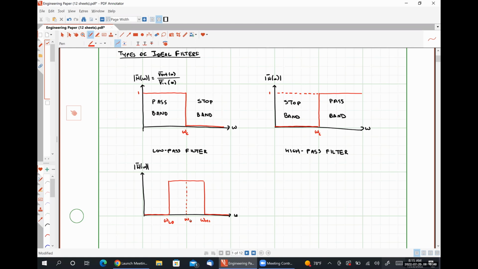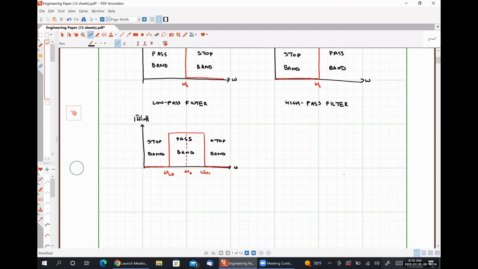Okay. So we have a stop band over here on the left. Pass band here in the center, and then another stop band here on the right.